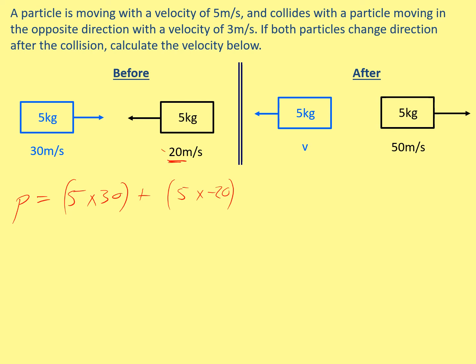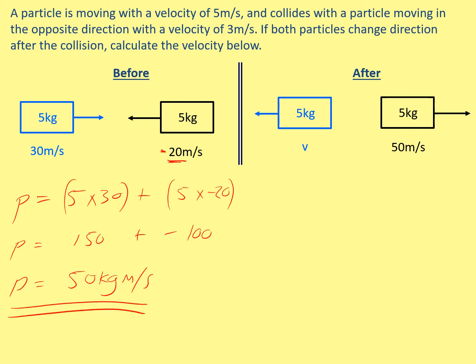Direction doesn't matter with speed, but the velocity is minus 20. Total momentum is then 150 plus minus 100. So the total momentum is going to be 50 kilogram meters per second. Total momentum is 50.